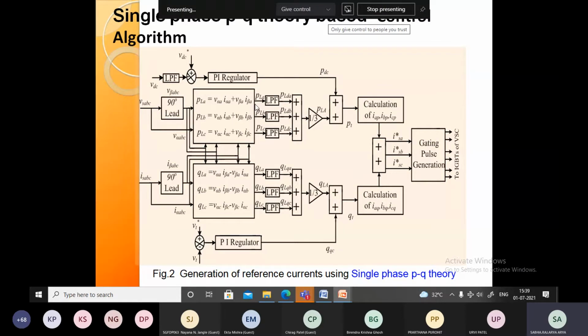After multiplication, since we are finding power, you are going to see some average value plus some oscillating power will also come. That oscillating power you can remove using LPF. After that, the 1/3 of PLA you can add with the output of the PI controller, DC bus. Then you have PT. Calculate the values of IAP, IBP, ICP, means find out the active components.